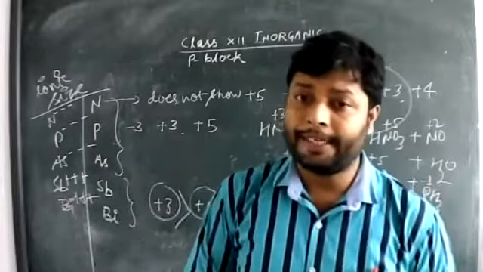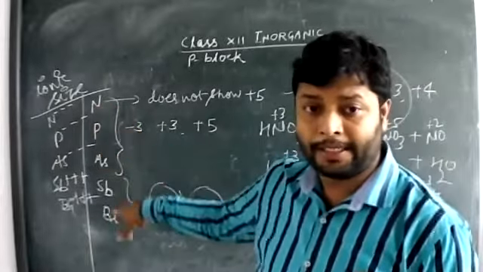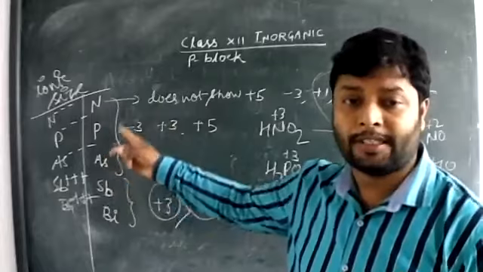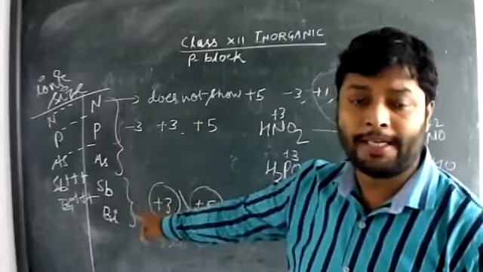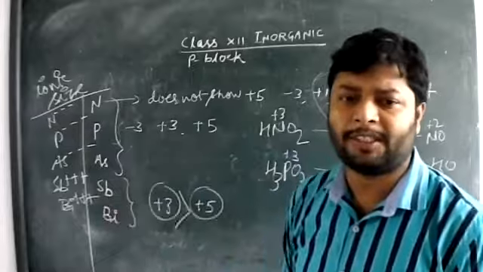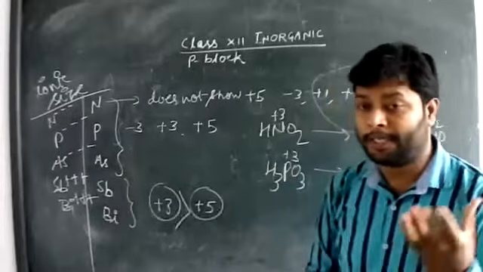So according to that data, nitrogen has the highest electronegativity among these elements, and moving down the group the value decreases from 3 to about 1.9 for bismuth. This is an important periodic trend.